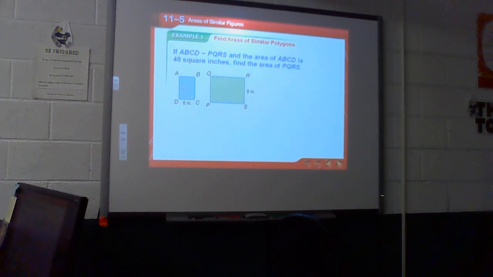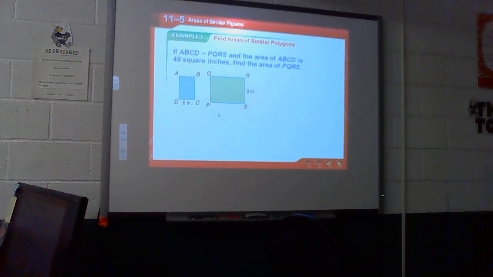A, B, C, D, and then P, Q, R, S. So no matter how they draw it, because they give you this order, you know that A and P have to be the same spot, or essentially the corresponding angles. And then B and Q. So realistically, the green one, they did what? Yeah, they tipped it over on the left-hand side, right? Everybody see what I'm saying there?